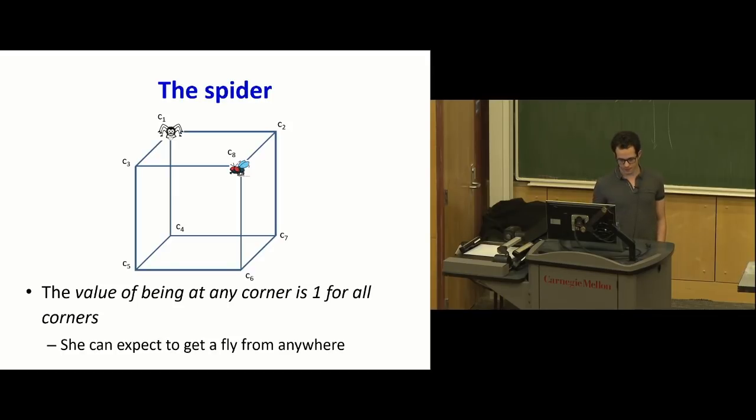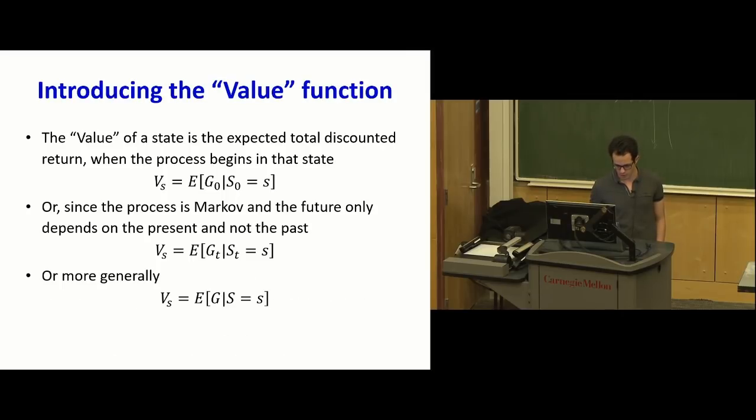So this thing, the expected return, because it quantifies the value of each state, we're actually just going to call that the value function. So the value of a state is going to be the expected return conditioned on you starting in that state. That definition is highly important.